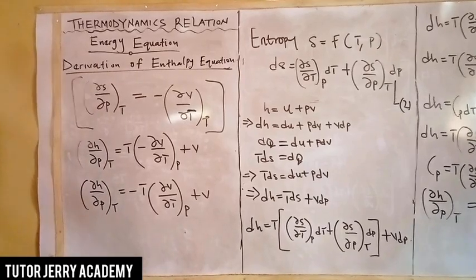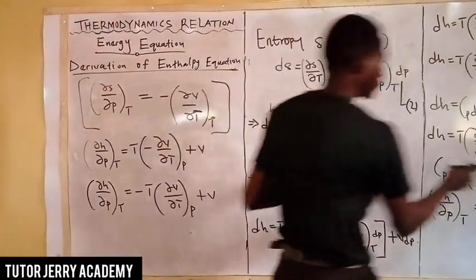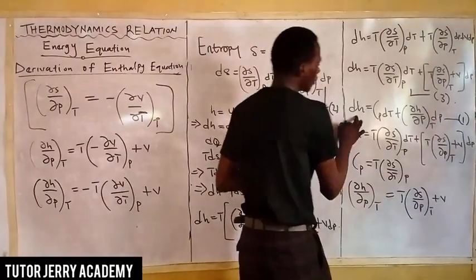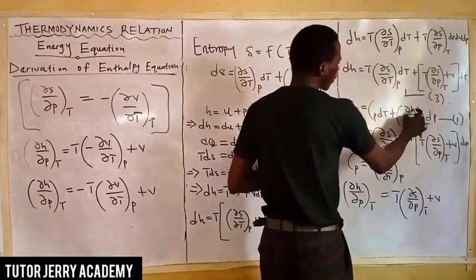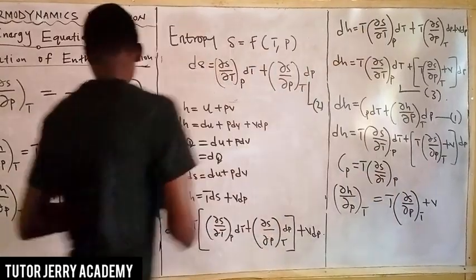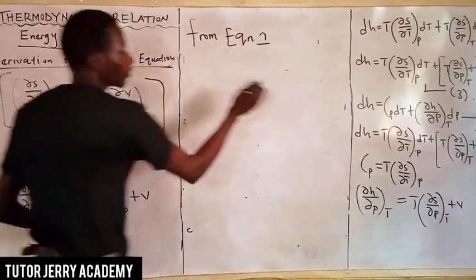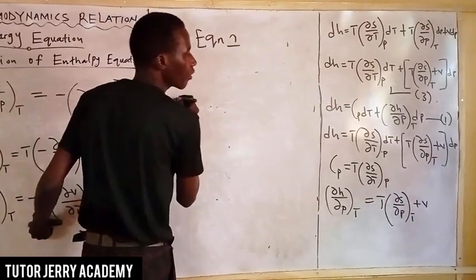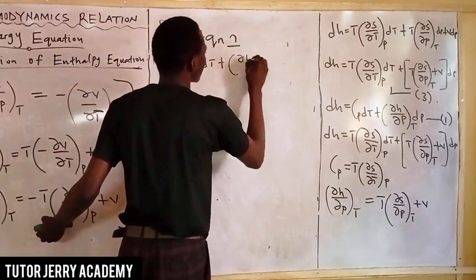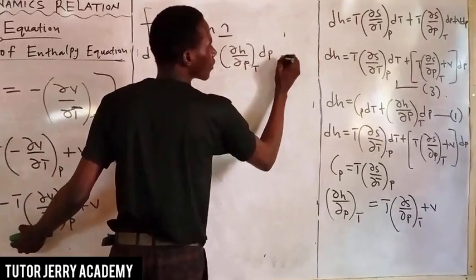What we are going to do next is substitute this into our equation 1. Equation 1 says dH is equal to Cp dT plus the partial derivative of H over the partial derivative of P, keeping T constant, dP.